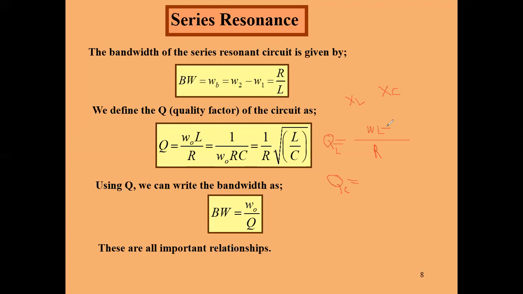We know that XL is omega L, that is the XL, and the XL divided by R. So here the QC is nothing but XC by R, where the XC value is 1 divided by omega C.